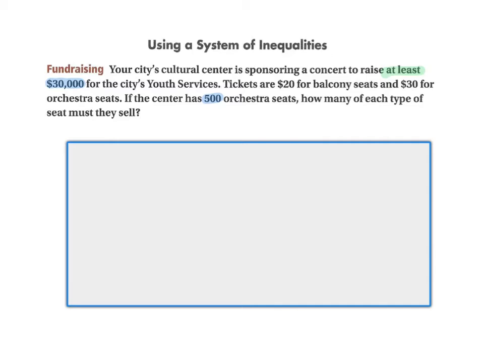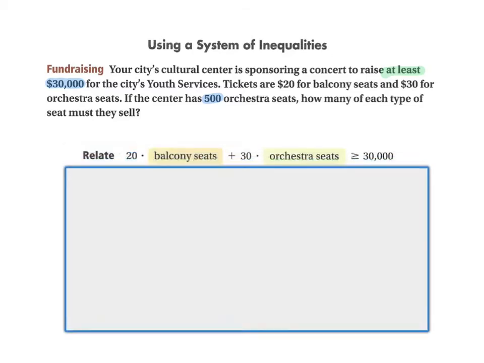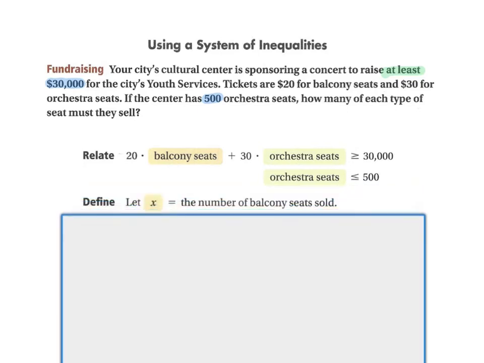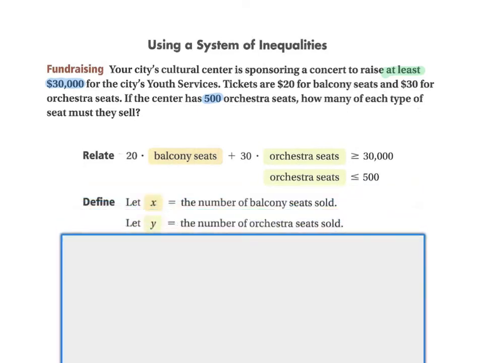So the first thing we should do is to define our variables. So let's call x the balcony seats and y the orchestra seats. It doesn't matter if you have those mixed up. You can see here, if you look at this first thing that we're talking about here, if I'm using the $30,000 as one of my totals, which I have to do, then I have to have money involved in the seats.